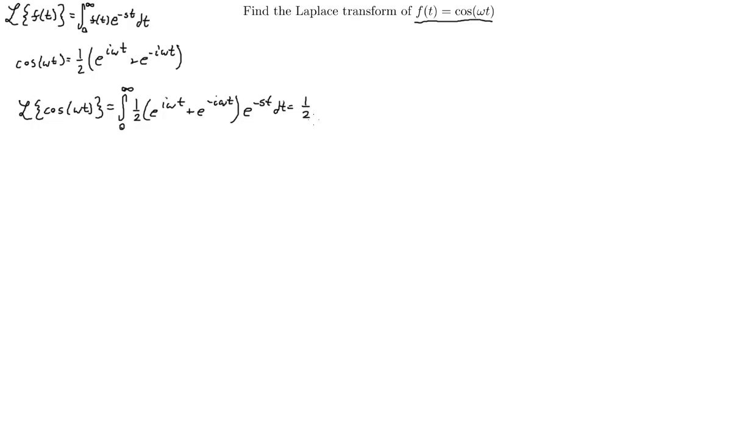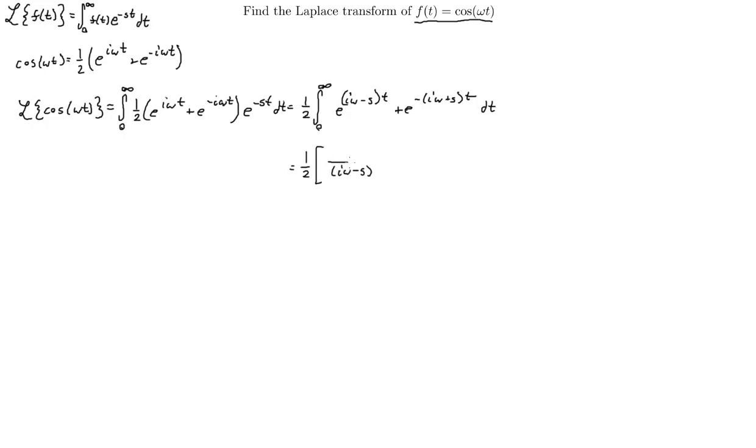And that's going to be equal to 1 half integral from t equals 0 to t goes to infinity of e to the (i omega minus s) times t plus e to the minus (i omega plus s) times t dt.